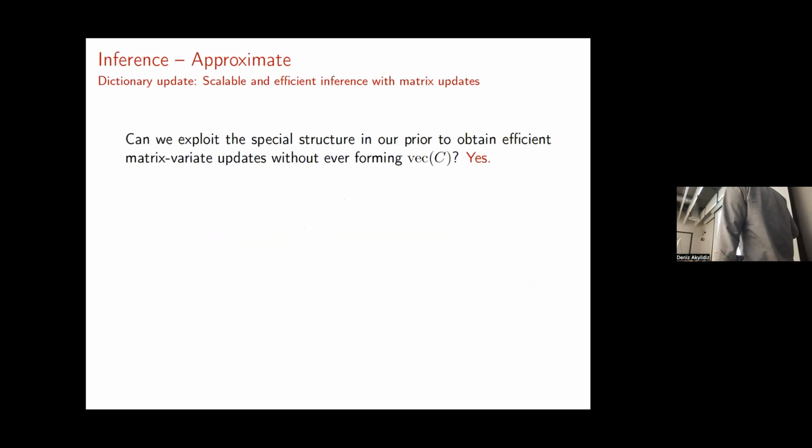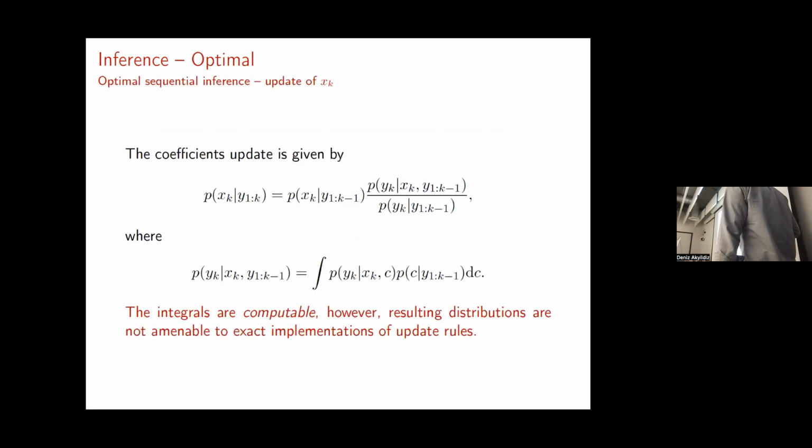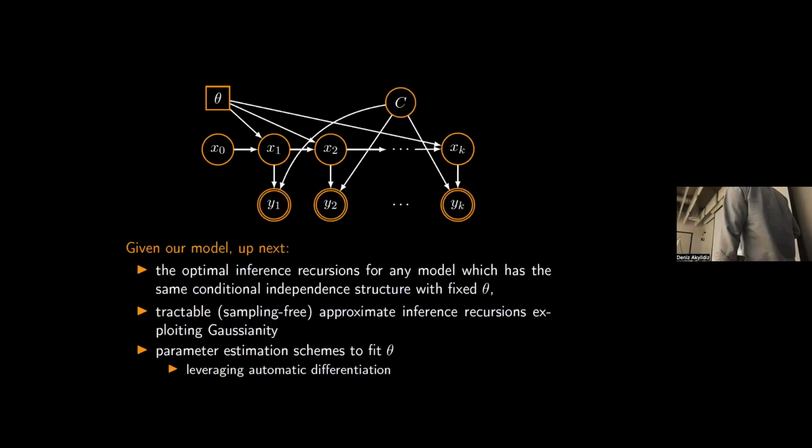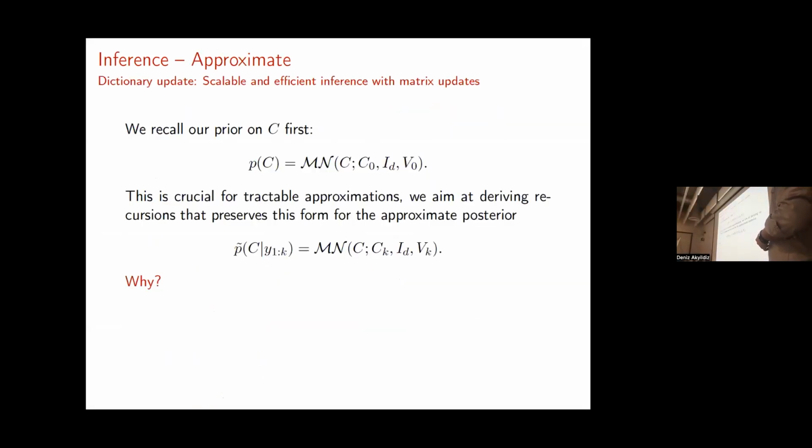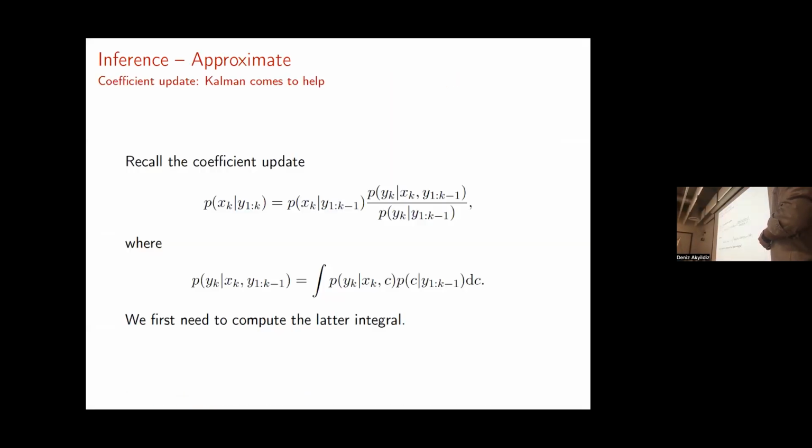Of course, there is the problem of estimating the parameter, right? If you look at the model, I described for fixed theta how to update xk given an observation. I described how to update c after the most recent observation. Now, of course, you need to fit theta as well because that's arguably one of the most important parts of the model.